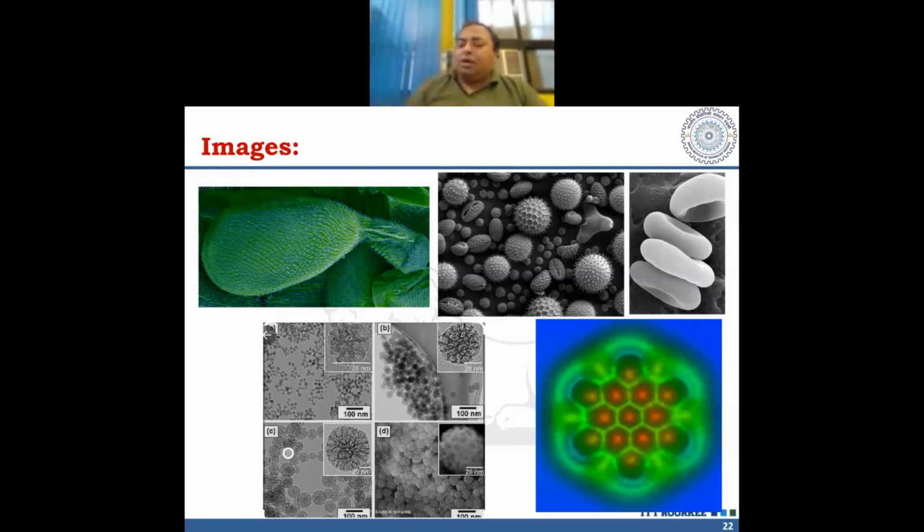Only with the use of very, very high resolution electron microscope was it possible, and the resolution keeps increasing. We keep seeing the unseen, and development of the field happens.